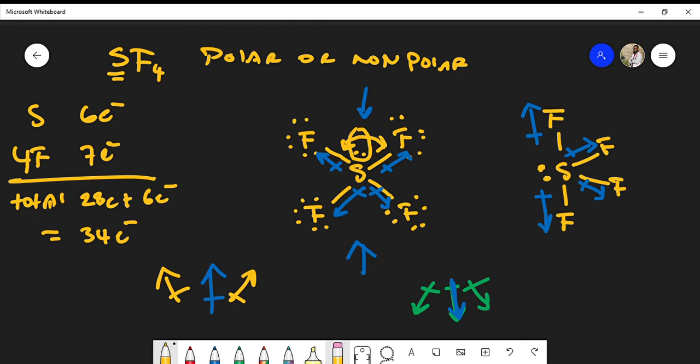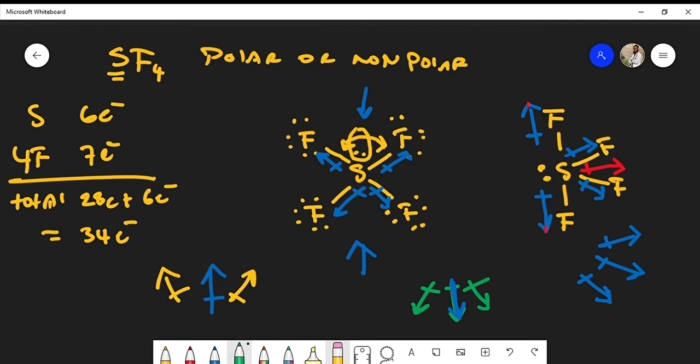So using these markers, if we draw our dipole moments, I'm just going to redraw them, then what we do have is a net going this way, right? So the net dipole moment is actually this red arrow, right? So remember the top and the bottom fluorines, these cancel each other out.